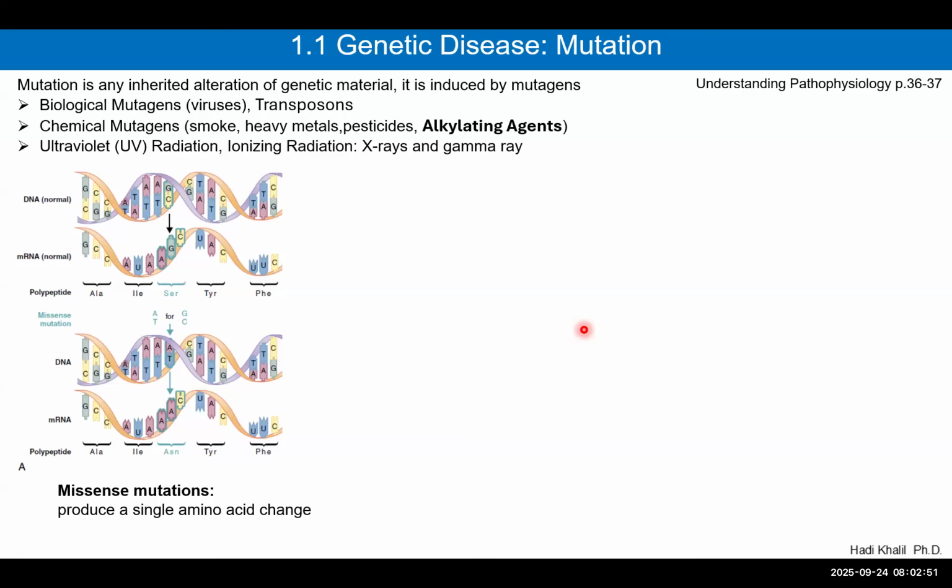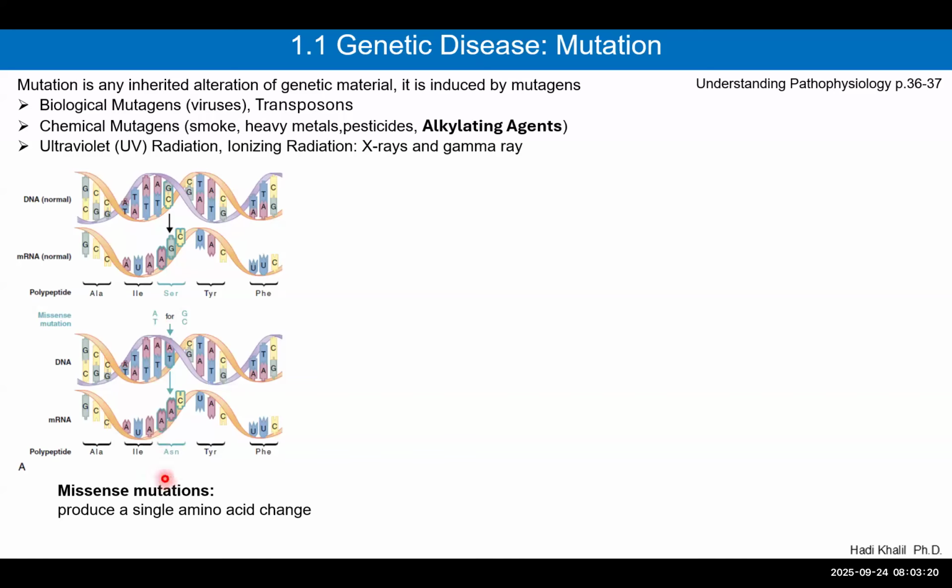Now, a single mutation that changes an amino acid, like in this condition, serine to aspartic acid, then this is called a missense mutation. It's very simple. The amino acids before and after that single mutation are still exactly the same. It's only one change in one amino acid.